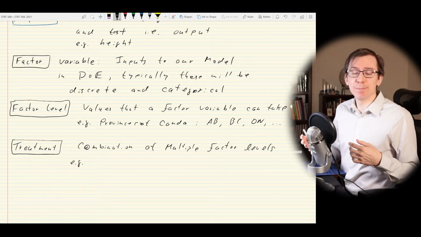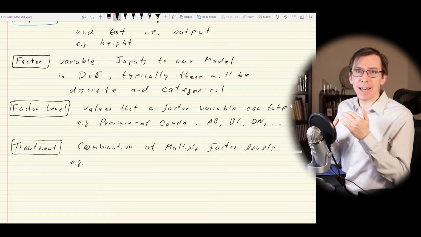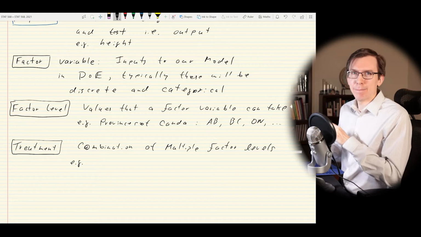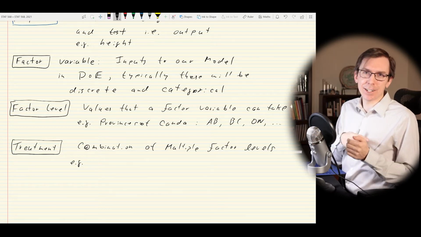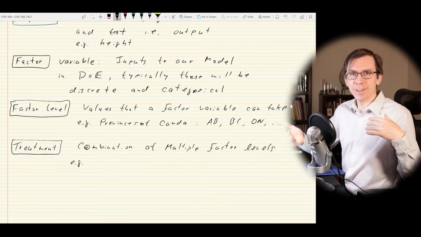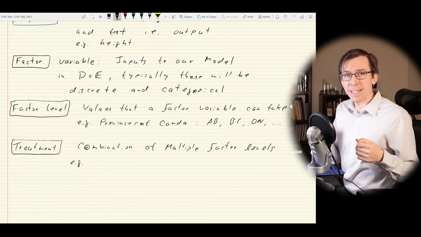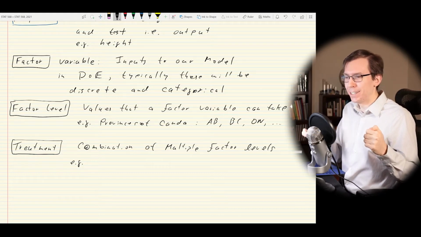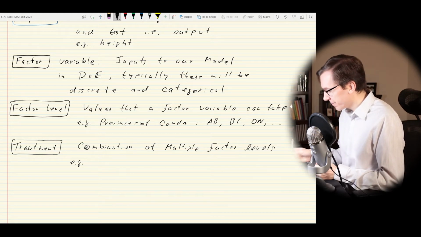As in my example with the flowers, we could have the amount of water, say low, medium, high. We could have the amount of nutrients, low, medium, high. We could have sunlight, yes or no, right? These are all different factors we could include, and a given treatment would be a specific combination applied to one sample in our experiment.